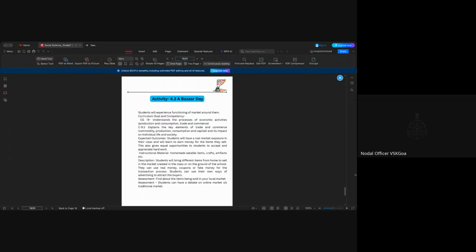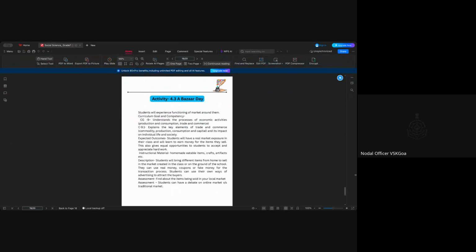The teacher is expected to give them some key points on which the students are supposed to express themselves. And the best thing is about the advertisement, because some of the children are very good in that. So they can have different, creative ideas about the use of advertisement in influencing their products.